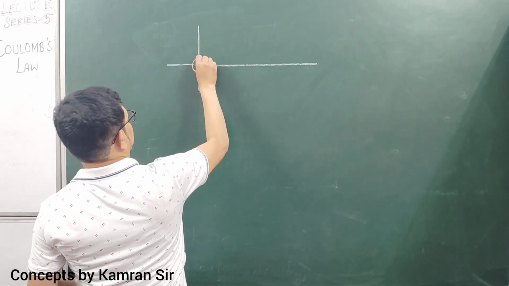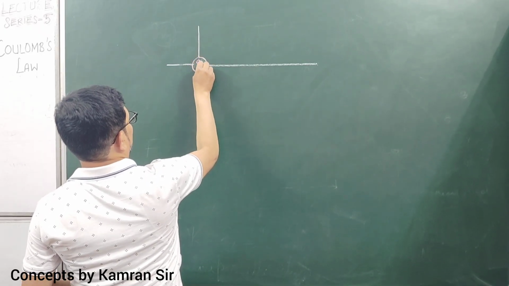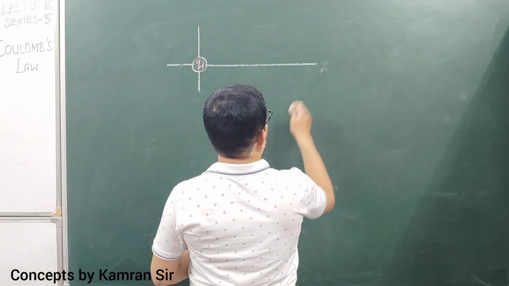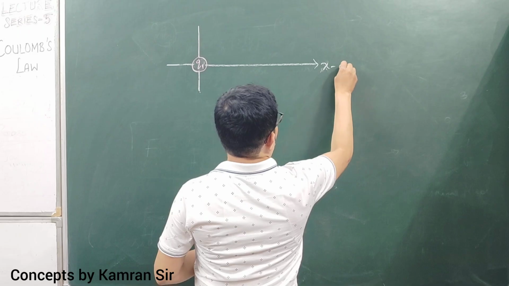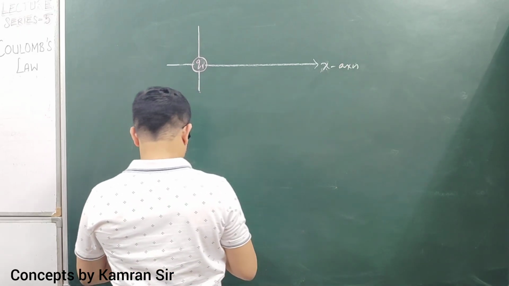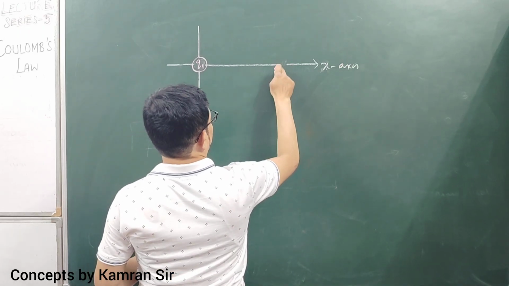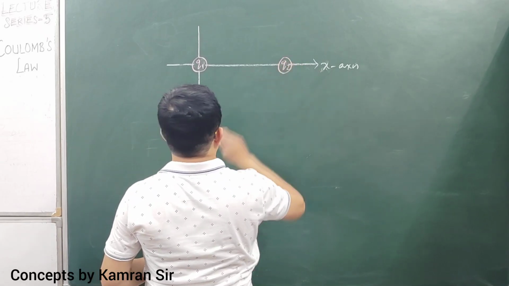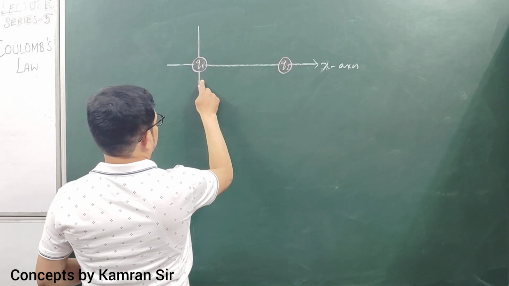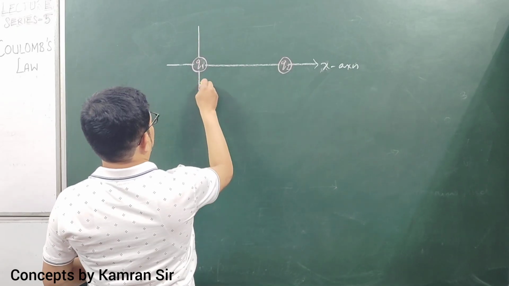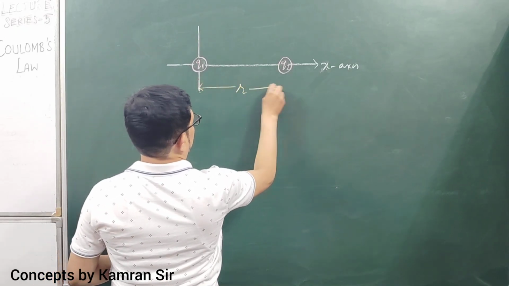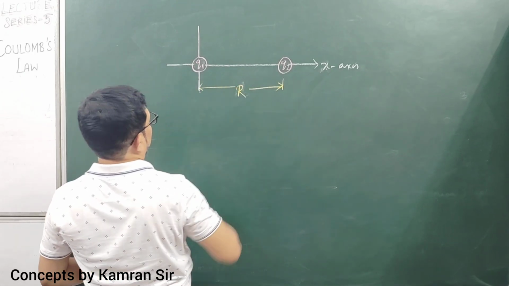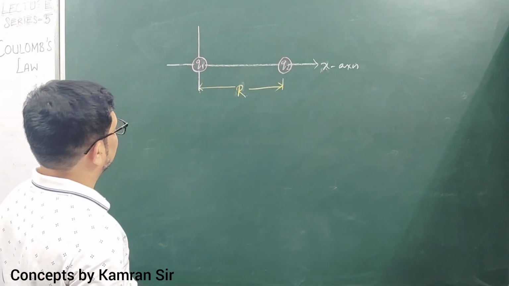Suppose we take the axis in this way, and you have Q1 here, and another charge Q2 placed on the x-axis in close proximity. The distance between them is R. And we are given certain values.